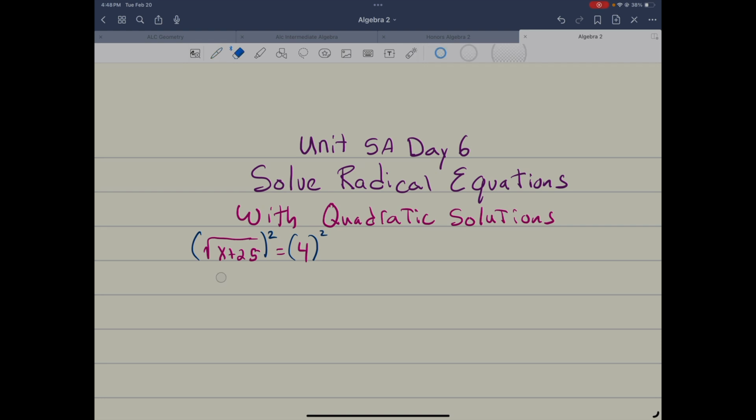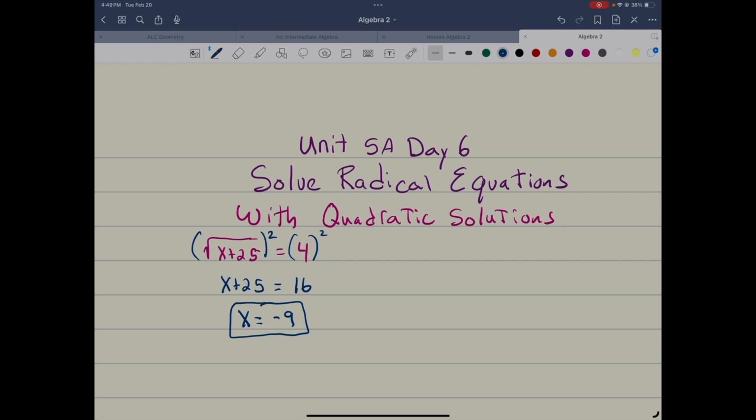When we square both sides, we get x plus 25 is equal to 16. Subtract 25 from both sides, you get x is equal to -9. So our solution for this is -9, and you could always check it to make sure that it worked.